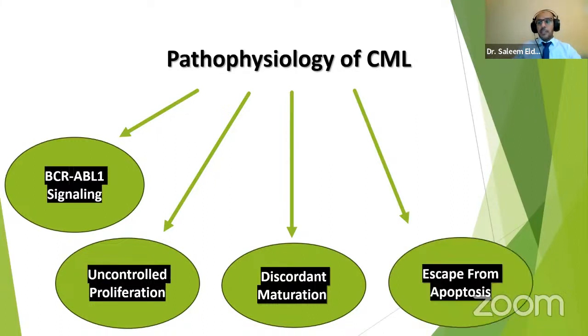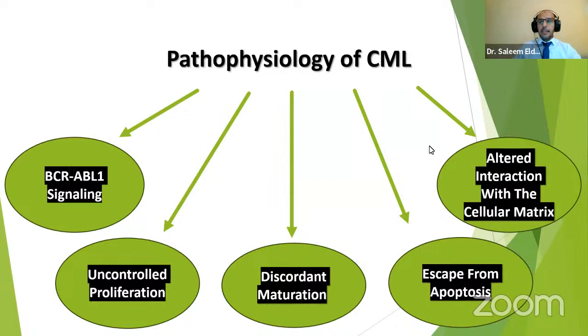Escape from apoptosis, and it has been shown that the CML progenitor cells are actually resistant to apoptosis. And lastly, the altered interaction with the cellular matrix, and it has been shown that the Ph positive cells actually have less adhesion to the microenvironment, leading to expansion of the myeloid compartment in the bone marrow.